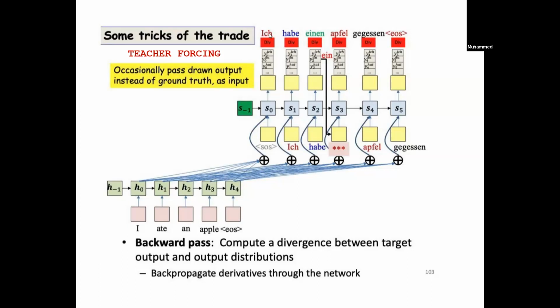But as we all know, when we are training these models, they are not perfect. So they can generate wrong tokens at different time steps. But now if it generates a wrong token, it means we are going to be passing this wrong token to the next time step, and the whole network can end up just generating meaningless sentences or words. So how do we tackle this?